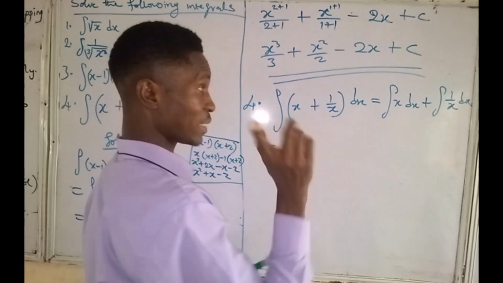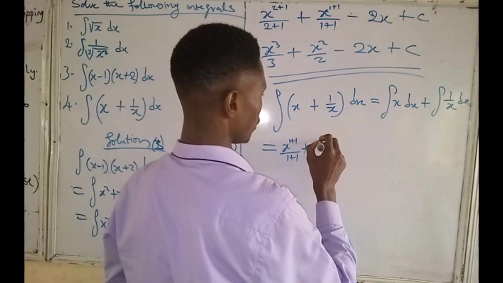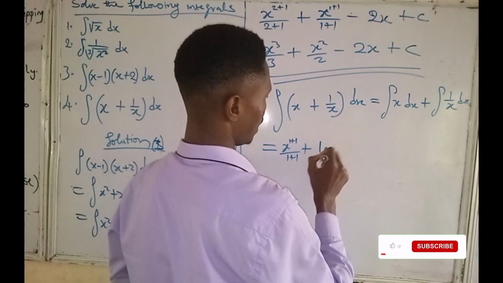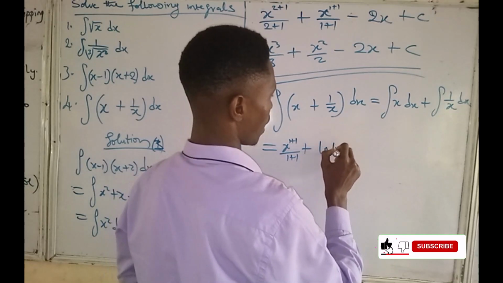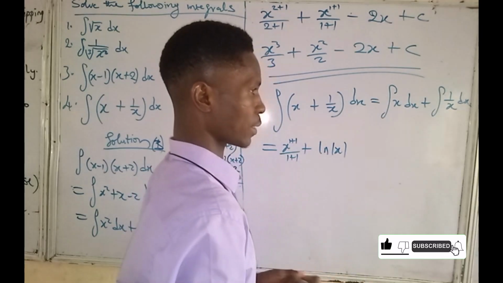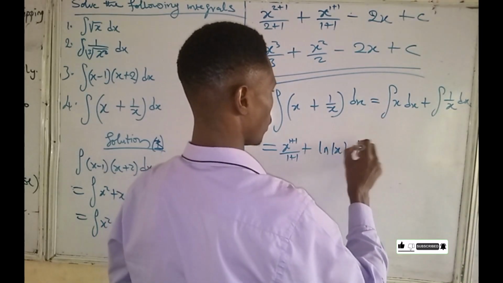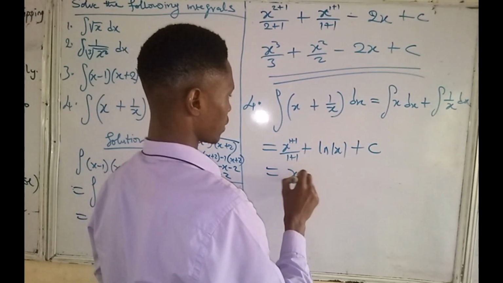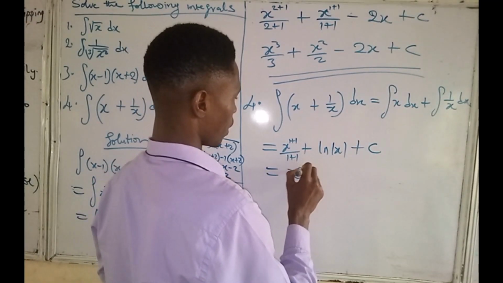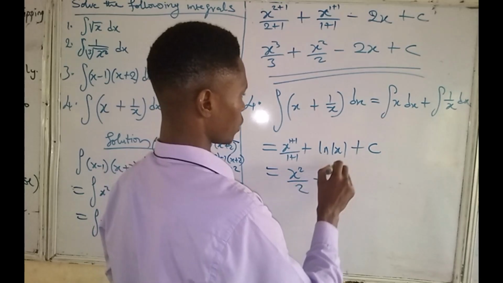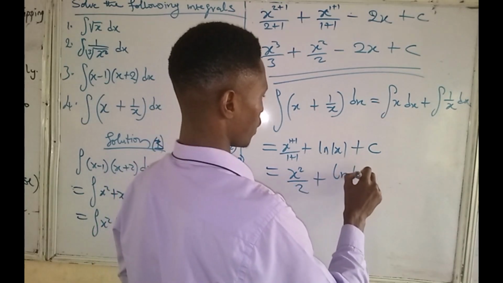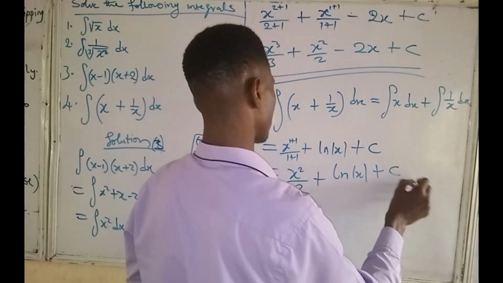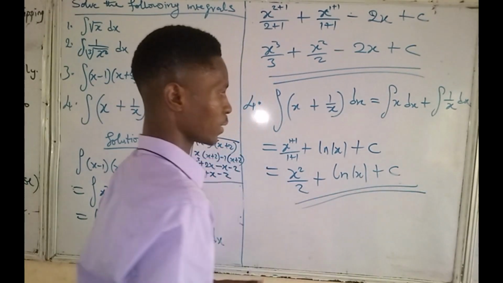So in this case, this is going to give us ln of the absolute value of x plus c. So this is going to be x power 2 over 2 plus ln of the absolute value of x plus c. And this is our answer.